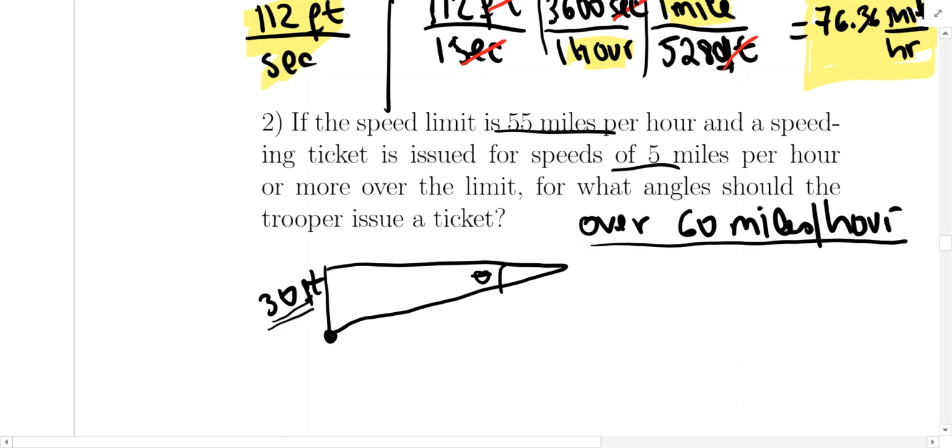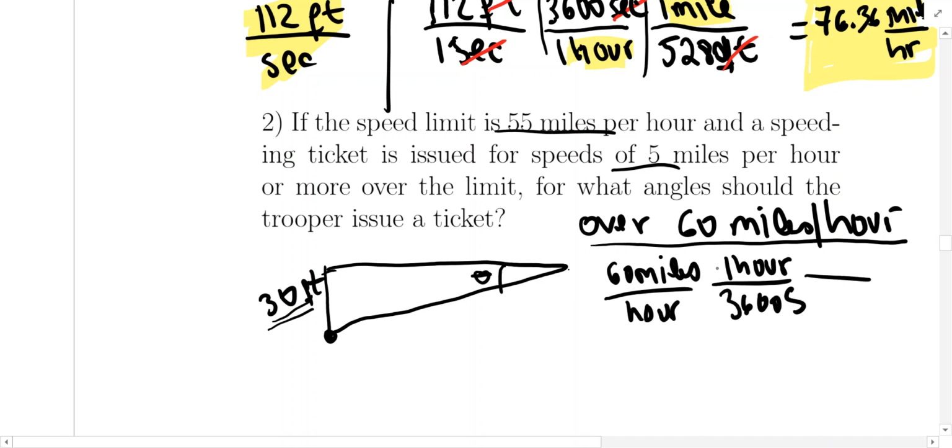But in this case, we're working with feet, so I need to convert the 60 miles per hour into feet per second, so that I can put what's the distance right here that is traveled in 1 second. What's the distance in feet that is traveled in 1 second? So 60 miles per hour, we're doing the reverse now. So I need to cancel out the hour. So I'm going to put 1 hour at the top. And how many seconds are in 1 hour? 3600 seconds.